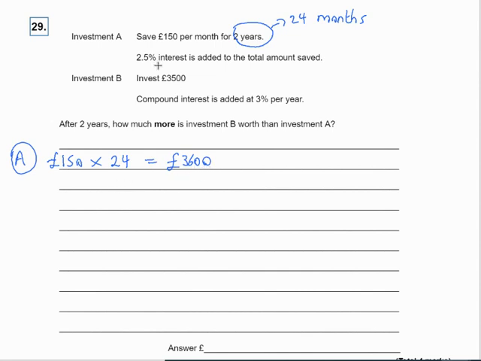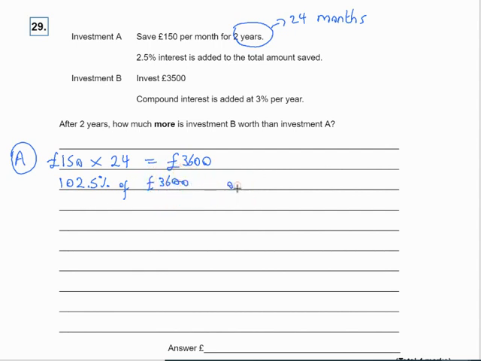And then if it's 2.5% interest added to that, well, we're adding 2.5%. So that means that it's going to be 102.5% of 3,600.